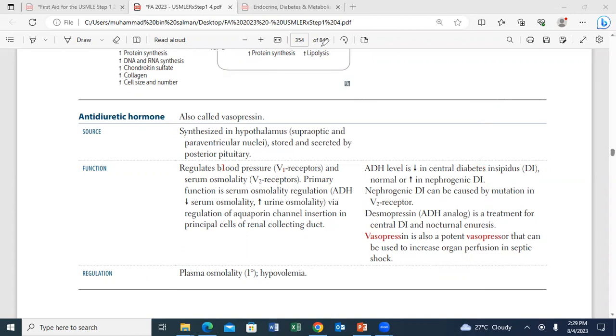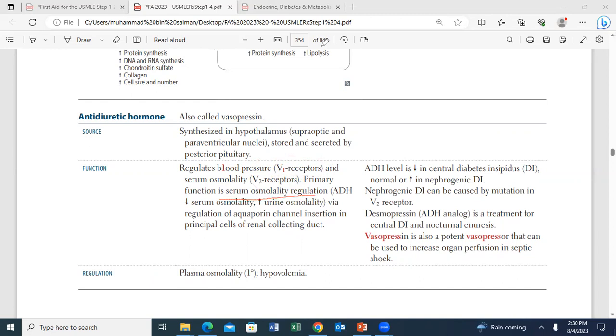Now the function is, since it reabsorbs water, it regulates the blood pressure. Reabsorption of water will increase the blood pressure and it will decrease the serum osmolality. So we say via V1 receptors, it regulates the blood pressure, and via V2 receptors, it regulates the serum osmolality. But the primary function is to regulate the serum osmolality.